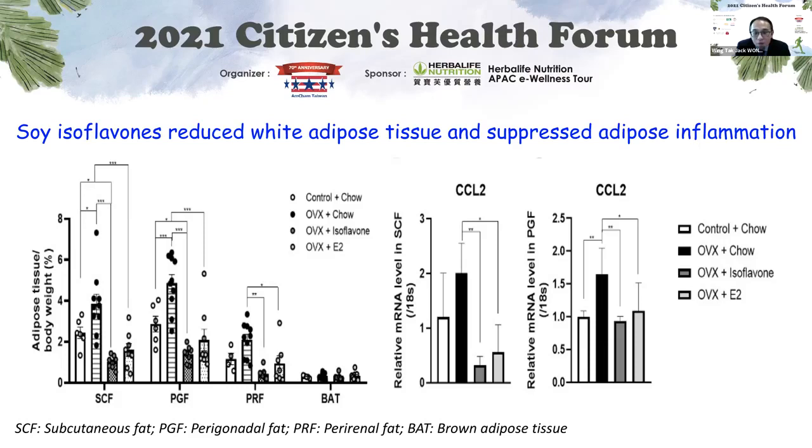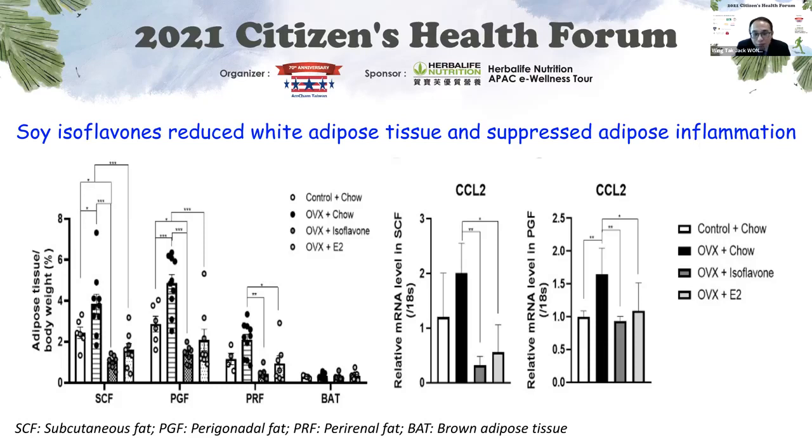Since white adipose tissue is considered a major source of obesity-related inflammation, we analyzed the cytokine monocyte chemoattractant protein 1, also named CCL2, whose expression is induced by inflammatory stimulus.